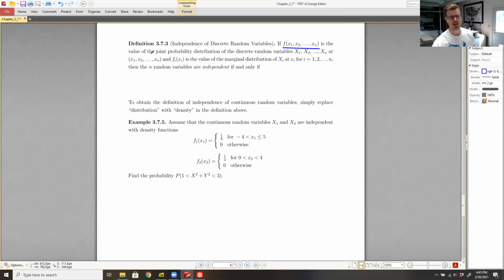If f is the value of the joint probability distribution of the discrete random variables x1 through xn at particular values, and f sub i of x sub i is the value of the marginal distribution of x sub i, taking i equal to 1, 2, 3, 4, all the way up to n, then the n random variables are independent if and only if f of x1, x2, all the way up to xn is equal to f1 of x1 times f2 of x2 times f3 of x3, all the way up to fn of xn.